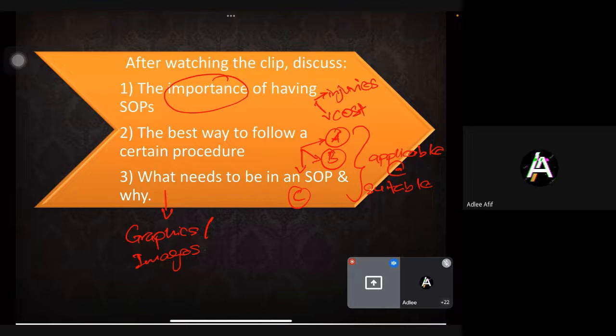Then, what kind of contents or information do you need to have in the SOP? So when you have the graphics or the images, it is followed by having the instructions. So those are the contents of SOP. This is based on what you have watched in the video.